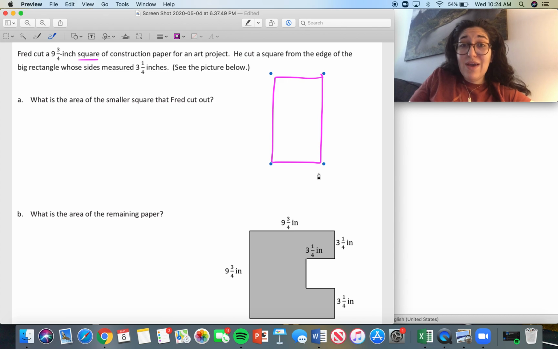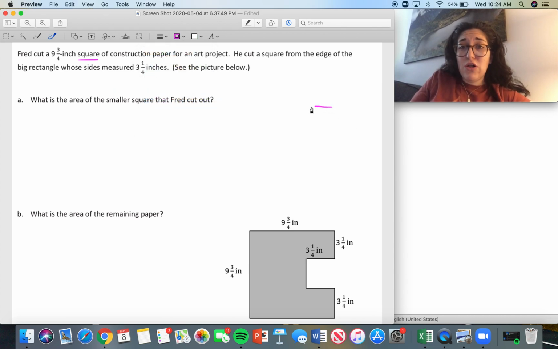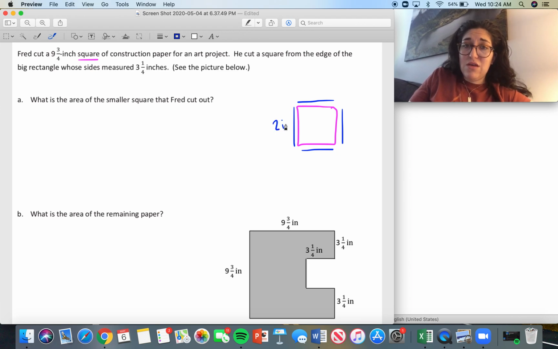A square is a special type of rectangle where all the sides are equal. So in this case, it's not that I have a green side that's always the same as the green side. All of the sides will be equal. So if I know that this side, let's say, is 2 inches, then I don't just know that this side is 2 inches.